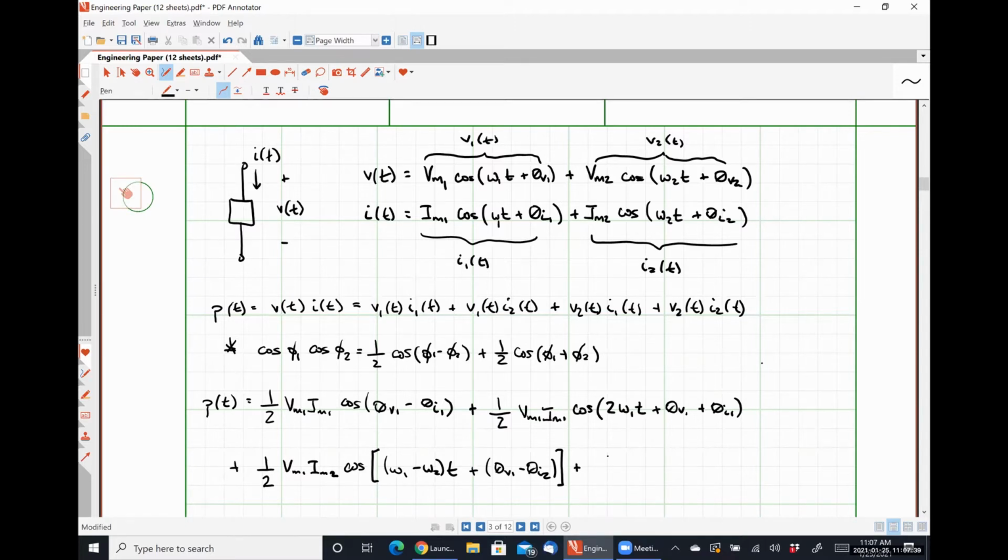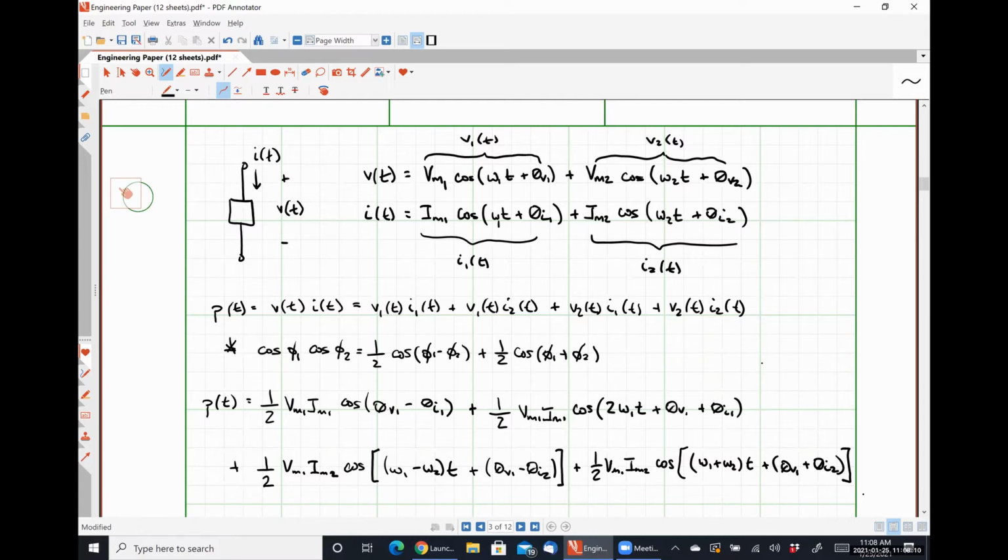And then we're going to have 1/2 Vm1 Im2 cosine. Now we add these guys together: omega 1 plus omega 2 times t plus theta V1 plus theta I2. And so we're only halfway through, but we're already at 4 discrete frequencies, right?